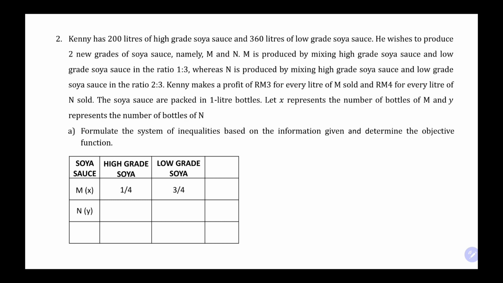And bottles N produced by mixing in the ratio 2:3, so total is 5. For high-grade soya, we have 2/5, and low-grade soya, we have 3/5. And Kenny makes a profit of RM3 for M and RM4 for N.